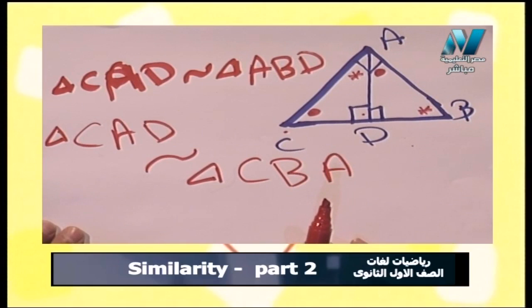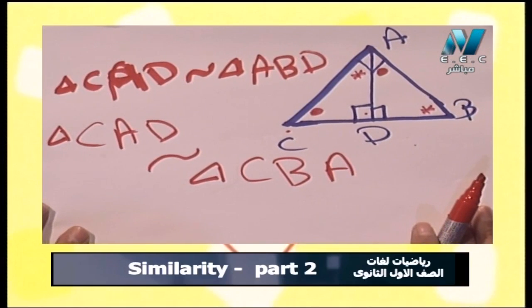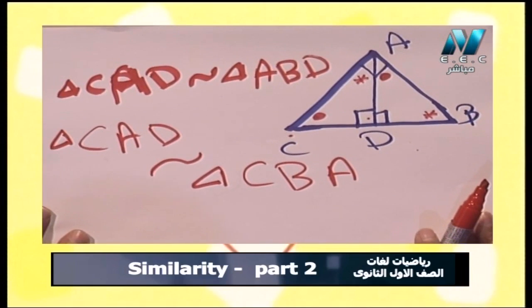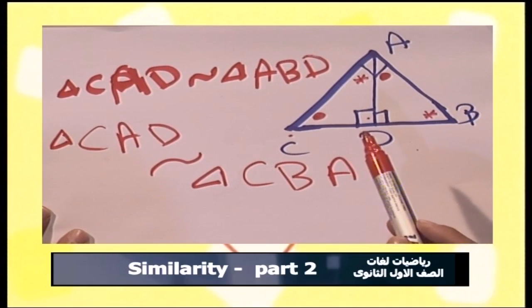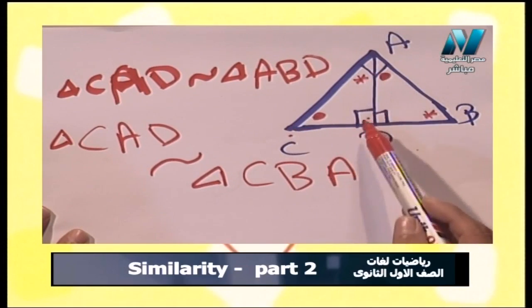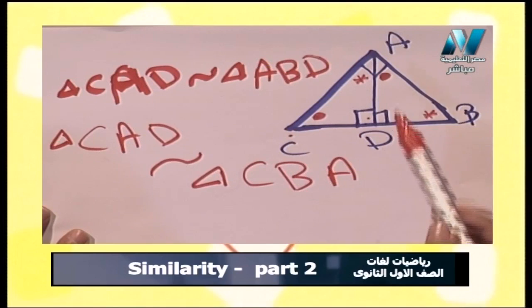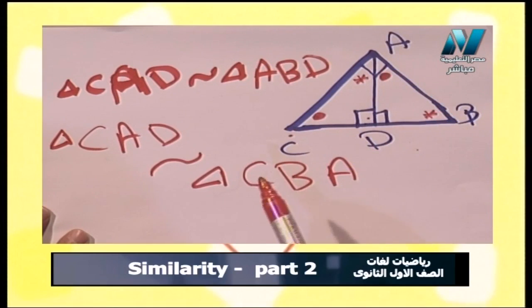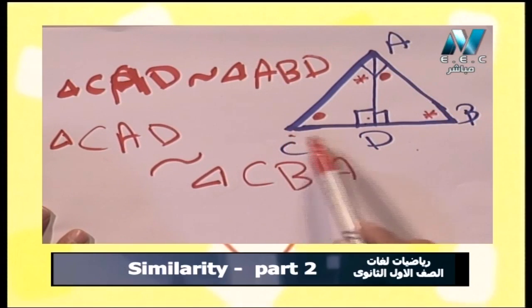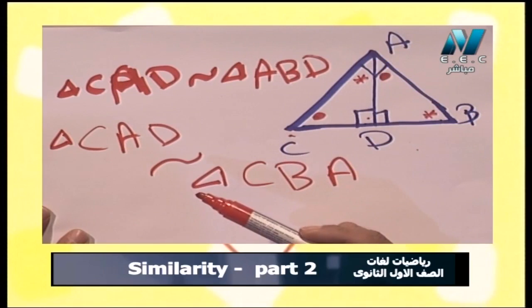We have here three triangles are similar. We have triangle CAD, triangle ABD, and triangle CBA. All of them are similar.